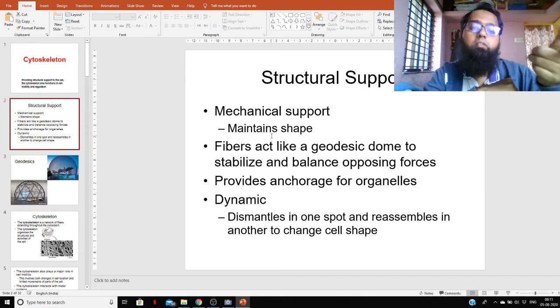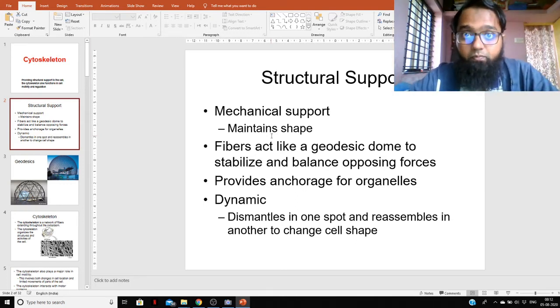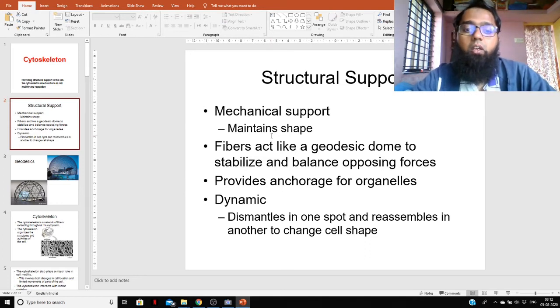Then the next thing is it is very dynamic. I'll explain this in the coming slides with the help of some good photographs. It is dynamic, that means it is able to get dismantled at one spot and reassemble in another to change cell shape.